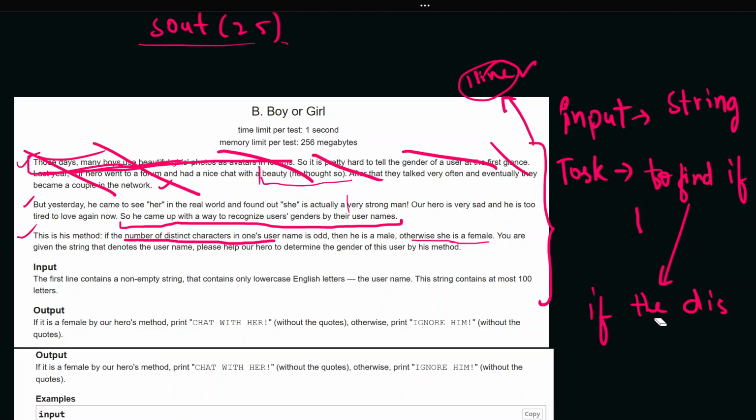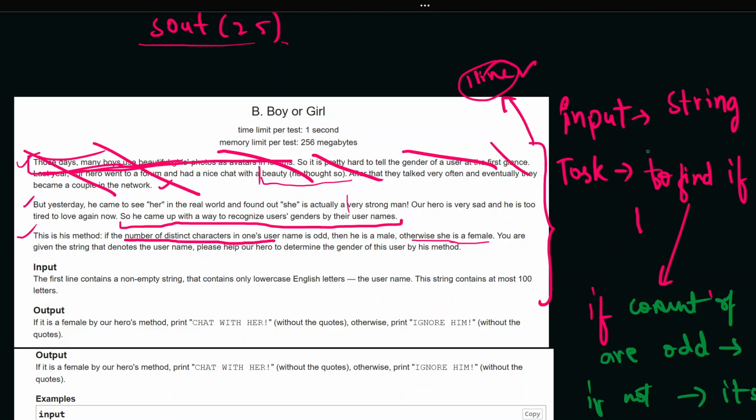So I'll write it like this: if the count of distinct characters is odd, then he's male. Okay, male. If not, then it's female.